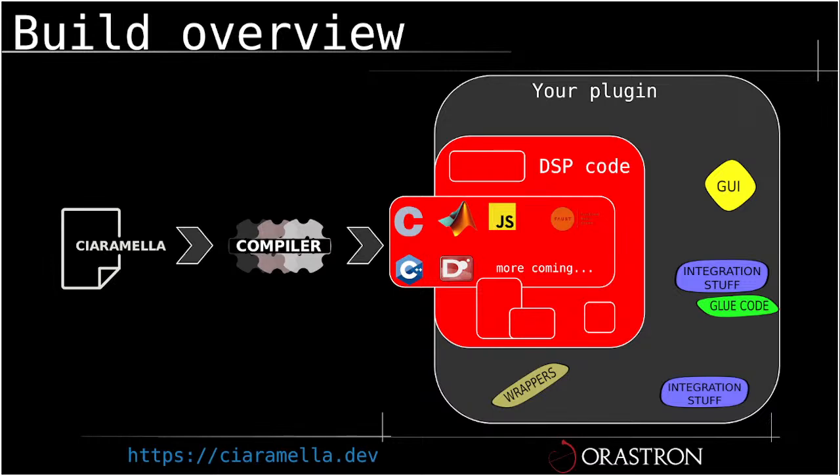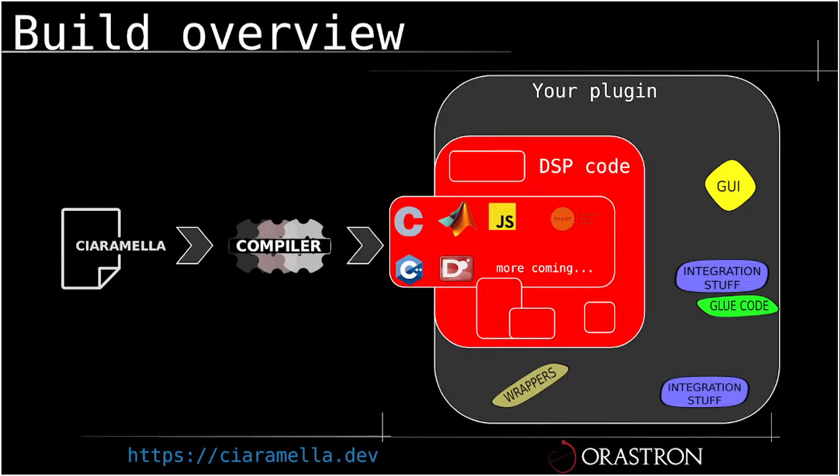If this is a typical plugin structure, you have GUI, integration stuff, wrappers, glue code, and finally the DSP code. If it is an audio plugin, you will typically have some modules, no? A module that filters, another module that makes an oscillator.